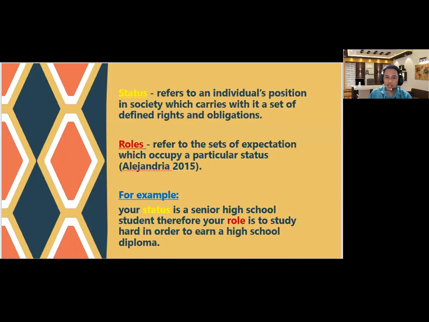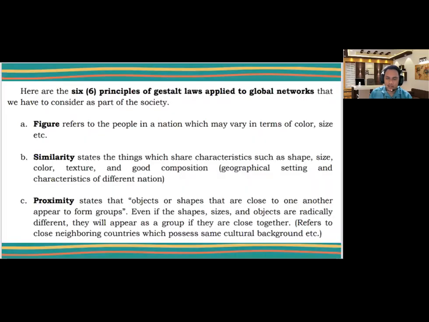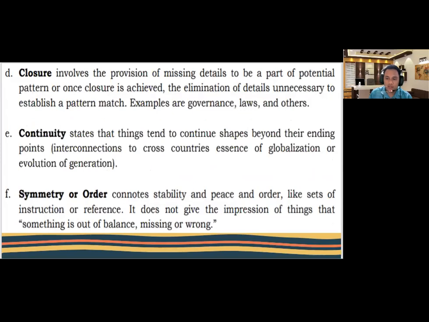And then status tsaka role. Yung position, pagdating sa status, and then yung role mo bilang isang senior high school student. So ano yung dapat i-expect sa'yo, or sets of expectation. That is role. And then the 6 principles of Gestalt law: figure, similarity, proximity, closure, continuity, and symmetry or order.